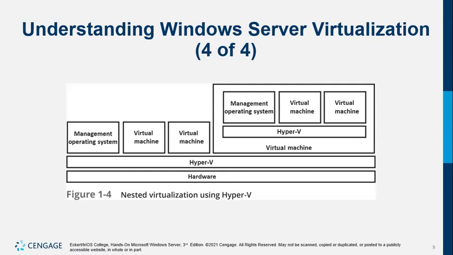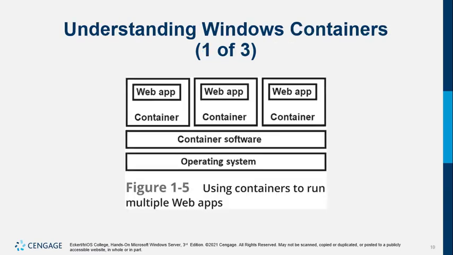And then you have a management system and two virtual machines. And then you have another virtual machine that also has nested virtual machines within that one. So you can see what the nested structure looks like.